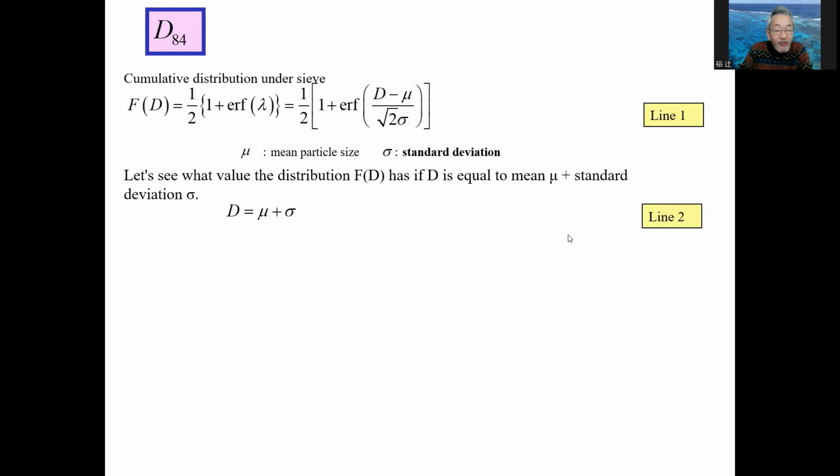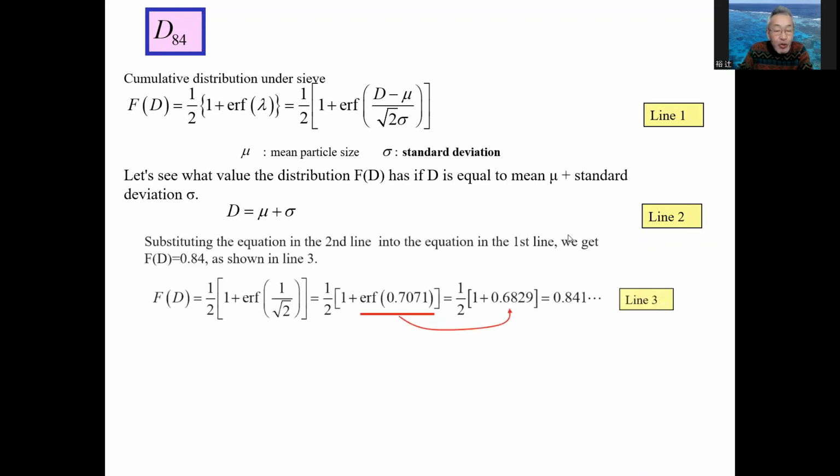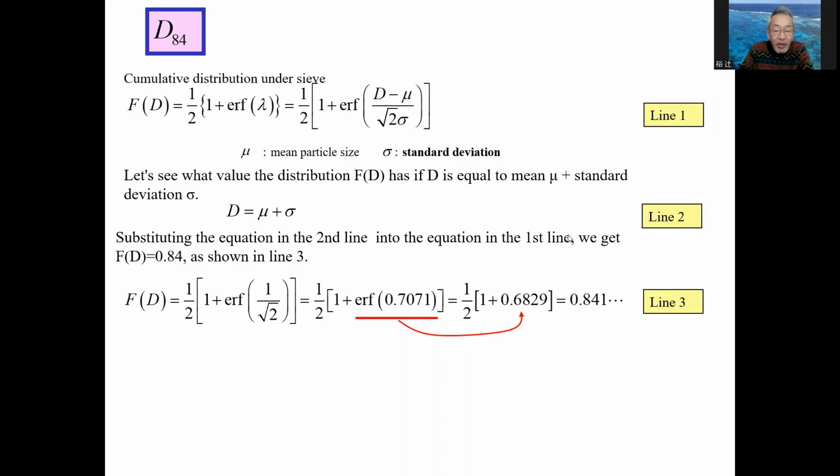Let's see what value FD takes if D is equal to mu plus sigma. Substituting the equation on the second line into the equation on the first line, FD is equal to 0.841 as shown on the third line.